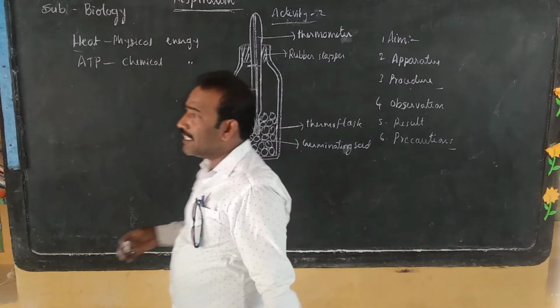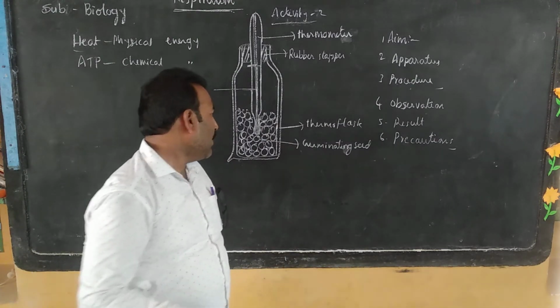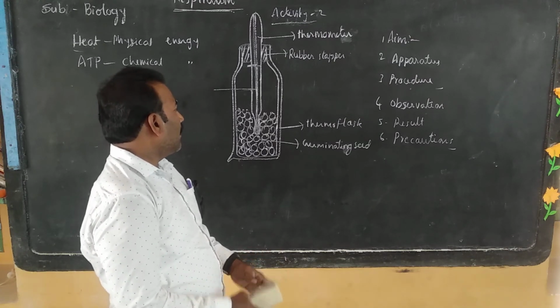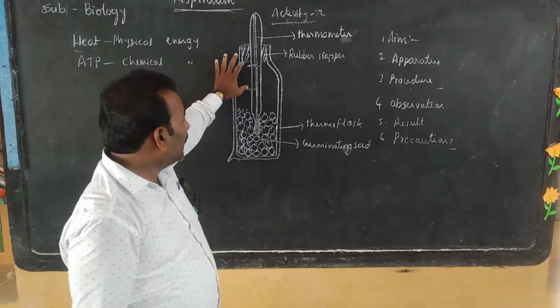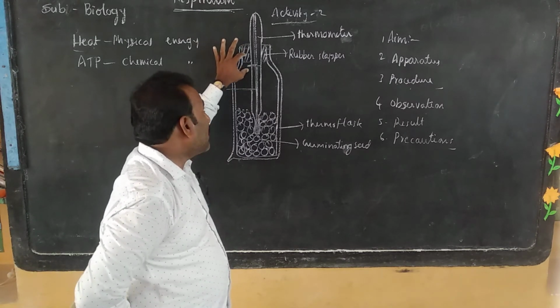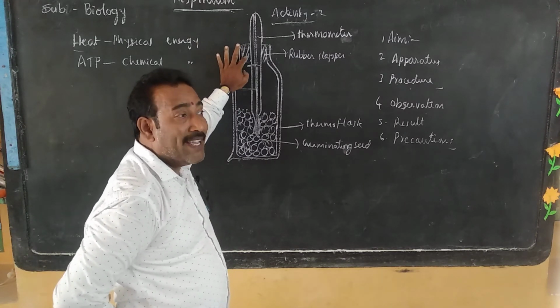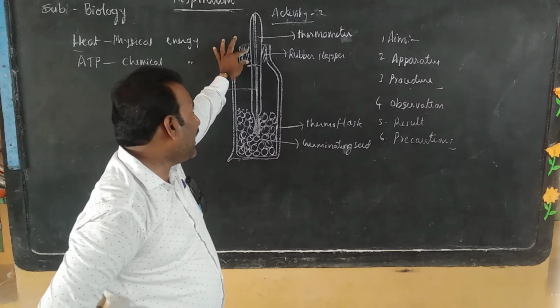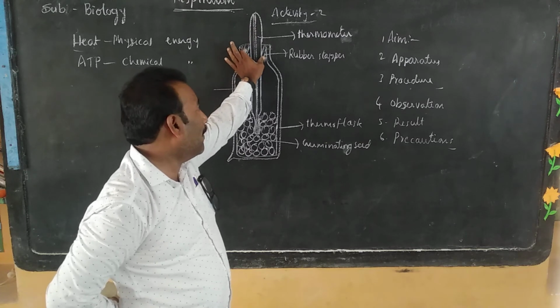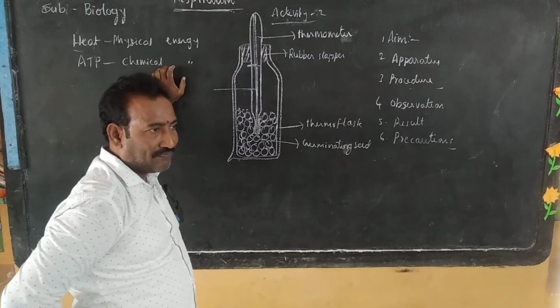What are the precautions in this experiment? The first precaution is the mouth of the thermoflask must be kept airtight by applying grease or Vaseline around the mouth of the thermoflask.